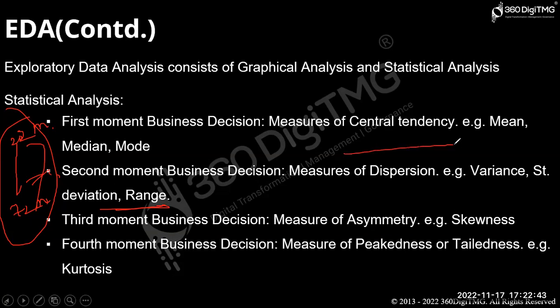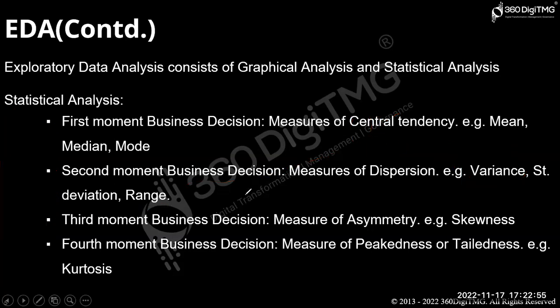Actual value minus mean, that difference, if you square it, gives us the variance. If you take the square root of the variance, we get the standard deviation. So these are all about dispersion, the measure of dispersion: how far the data points are from the mean.